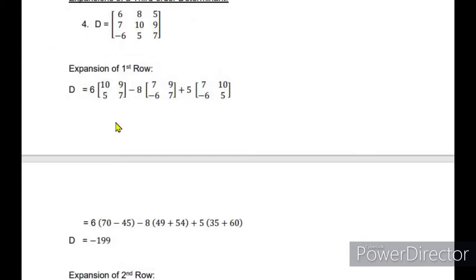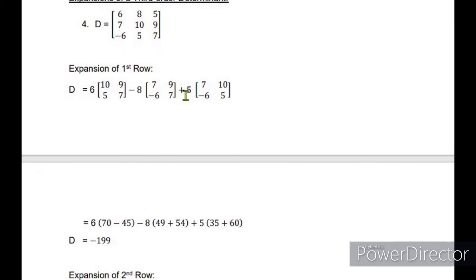First, you will just put the first element with the elements that do not belong to the row and the column that the first element belongs to. So these elements are 10, 9, 5, 7. Minus the second element of the first row, multiplied by the elements that do not belong to the row and column of the second element of the first row, which are 7, 9, -6, and 7.